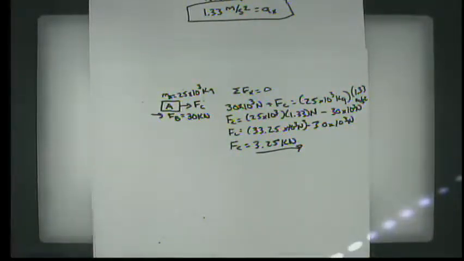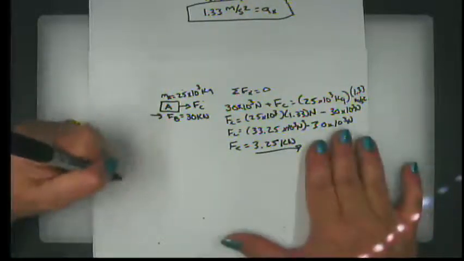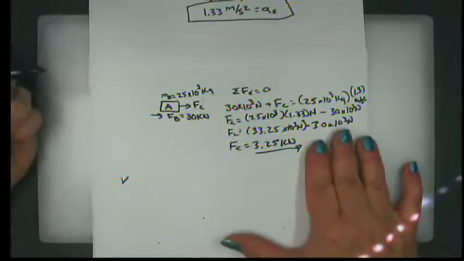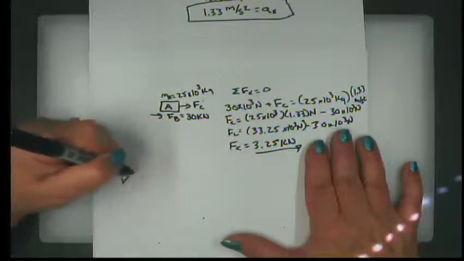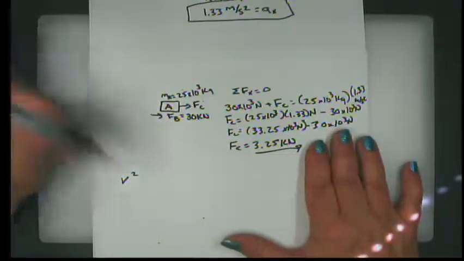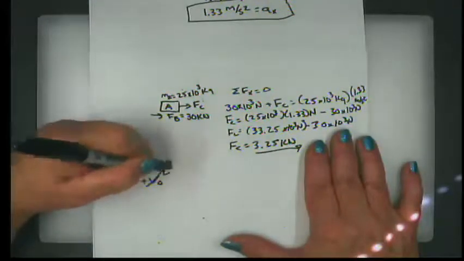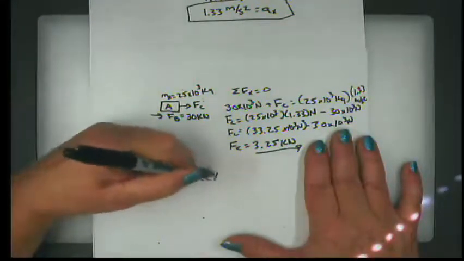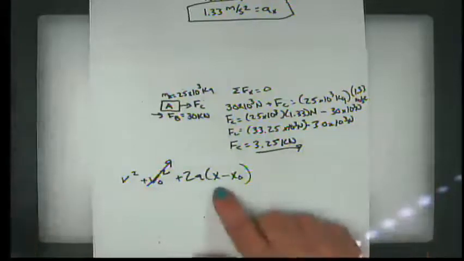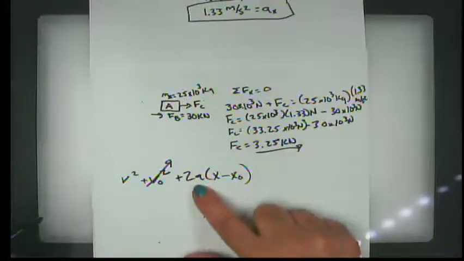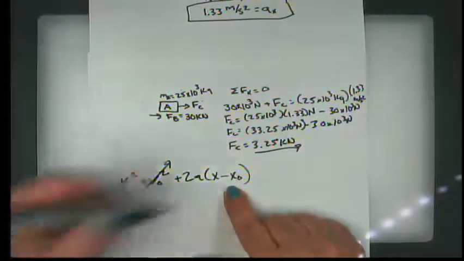All right. So then, in order to find the stopping distance, we can use a kinematic equation. We're assuming that the acceleration is constant. We know what our acceleration is. We know what our x minus x0 is because this is 0.